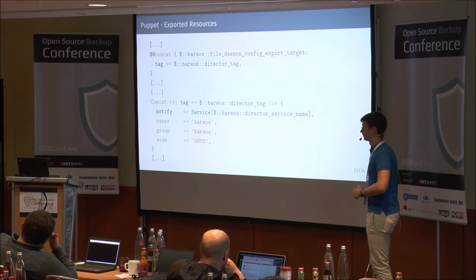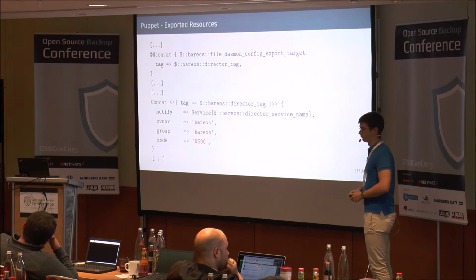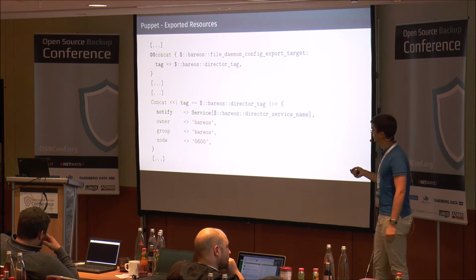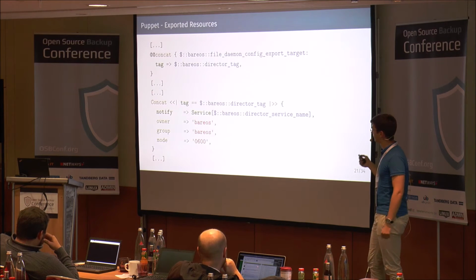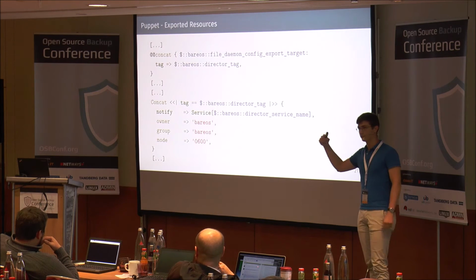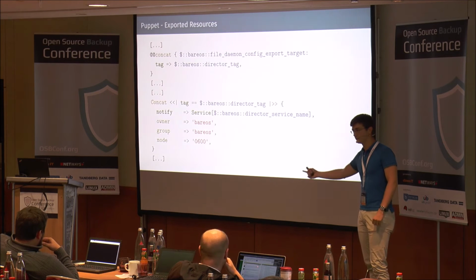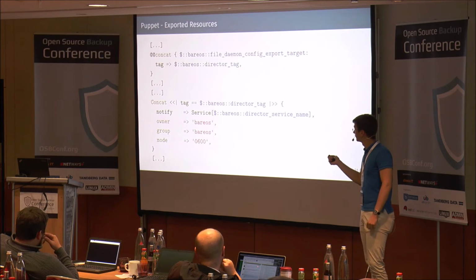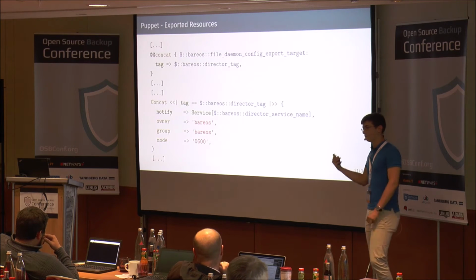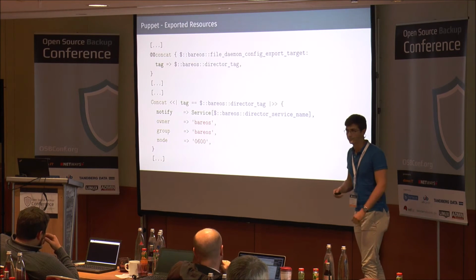One can ask, what do I do with this concat fragment in the PuppetDB? On the Bareos director side, I can use this collect resource statement to get all the exported resources from all clients with this tag and write them to the file system of the director.